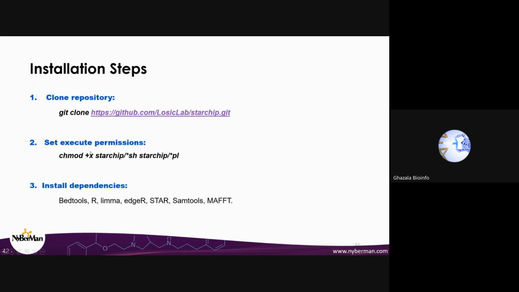Once you have added that, you can make the Perl script that will be used for STARChip analysis executable. For that, you need to change the mode, giving permission for your files to be accessible. The Perl script should be accessible by your command so that it can run, and the dependencies you already have installed.